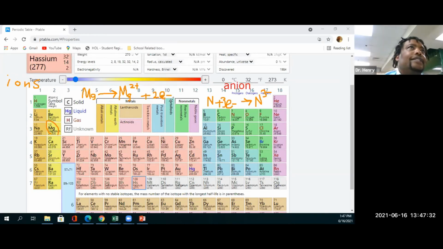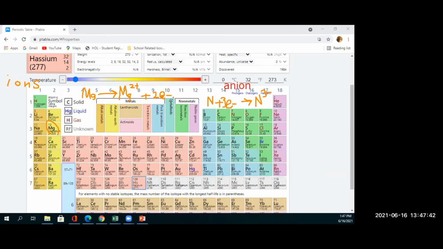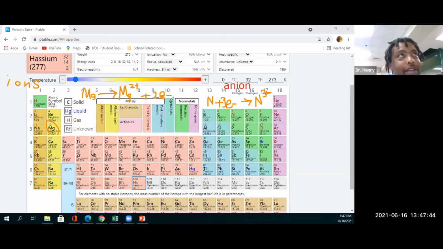That's an E. Okay, are you guys with me so far? So why is it 2 plus? Electrons are negatively charged. That's right, because electrons are negatively charged. So if I have something that is 0 normally, and I remove 2 negatively charged things, that means that what's left is going to be 2 plus. Make sense?